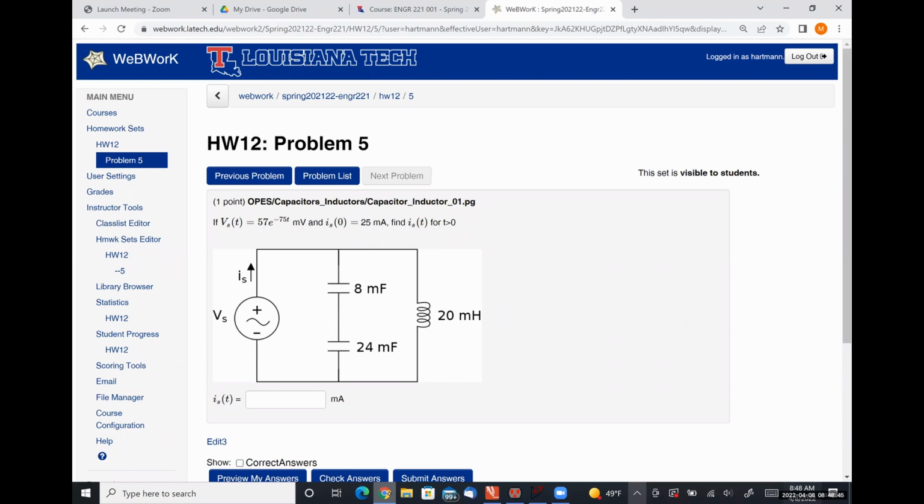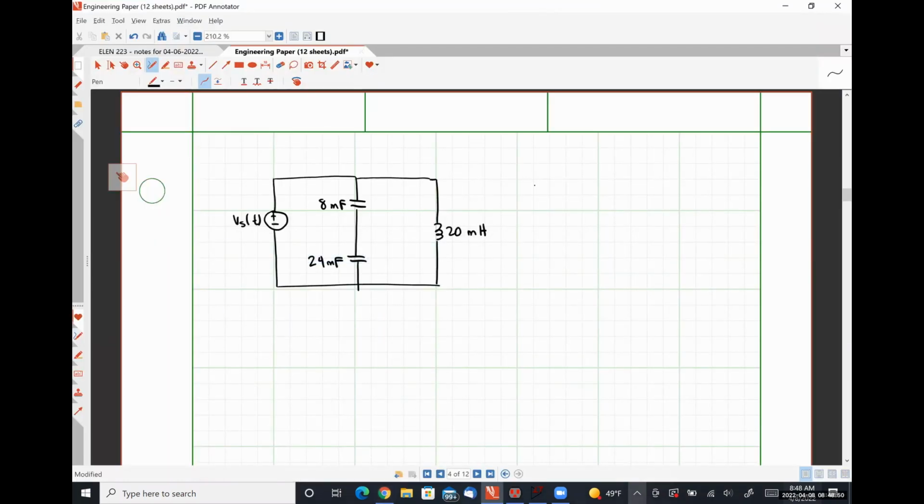So the information that we are given is that our source voltage, Vs of t, has some value. I'm just going to call it V naught e to the negative alpha t.